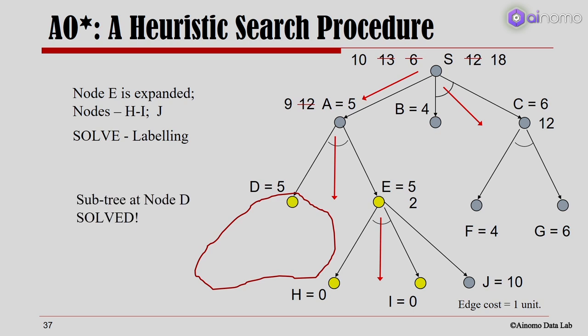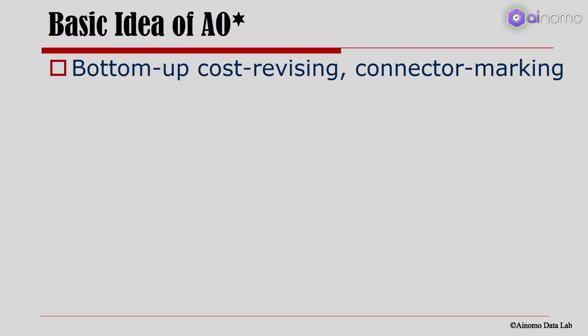Once I have marked D as solved, I can now mark A as solved, and once A is solved, because from S I have a 1 connector coming to A, I could mark S as solved. This is when I have the solution for the AND-OR graph that I started with. So, this is the second portion of the algorithm, the basic idea of bottom-up cost revising, connector marking, and solve labeling.